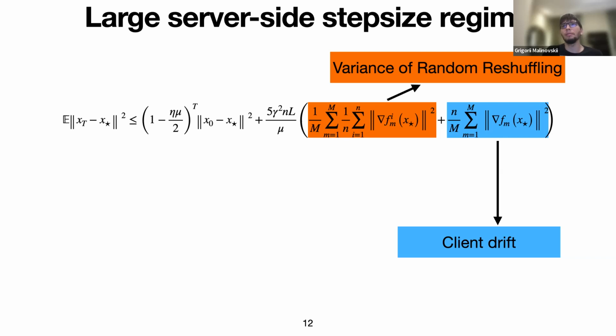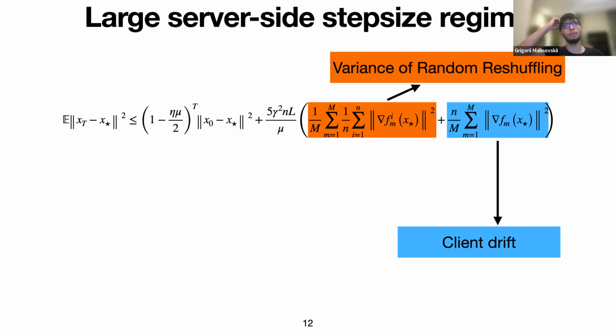This error is proportional to the sum of squared norms of local gradients at the optimum. So it would be 0 if local data sets are identical.